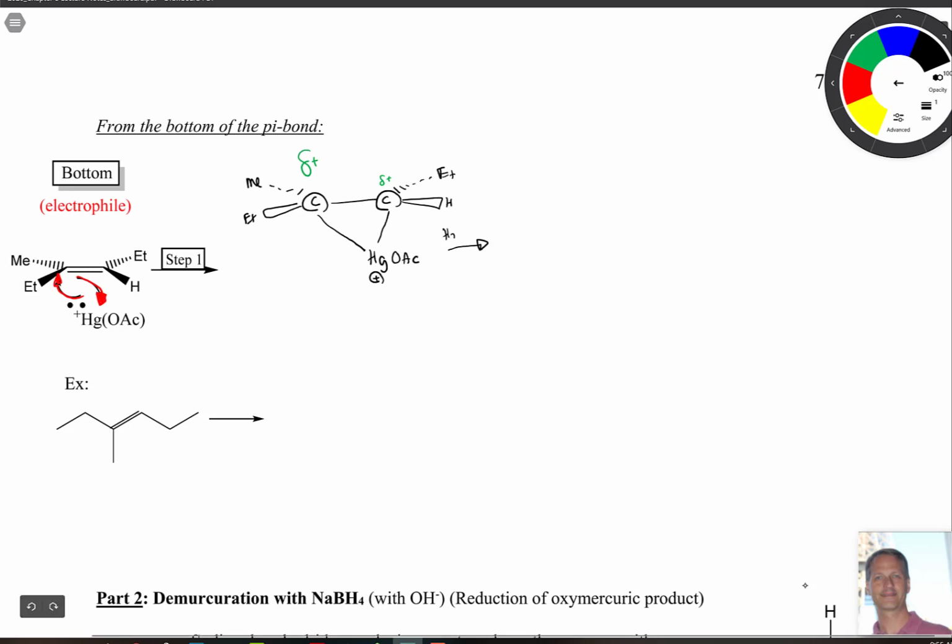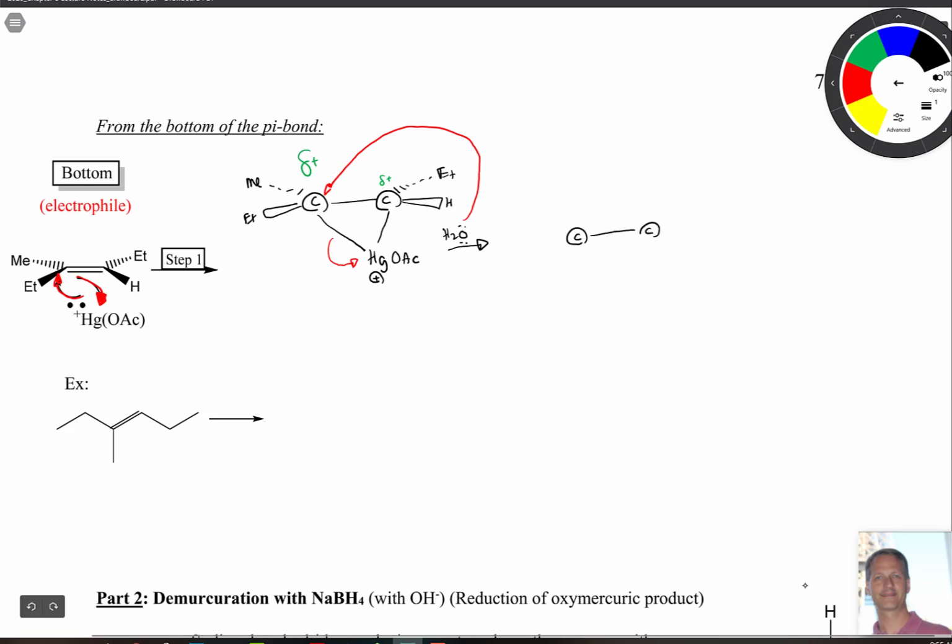So we added water before, so water is going to come over. Now it's going to come around here. It's going to attack on the top side and do that. And when we do that, we're going to end up forming our next intermediate. Right, so let's see if we can draw that out.